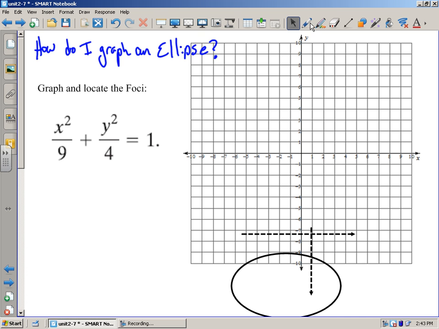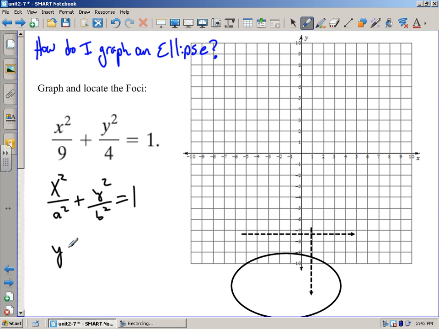The equation of an ellipse is x squared over a squared plus y squared over b squared equals 1. This is a horizontal ellipse because a squared is underneath the x.